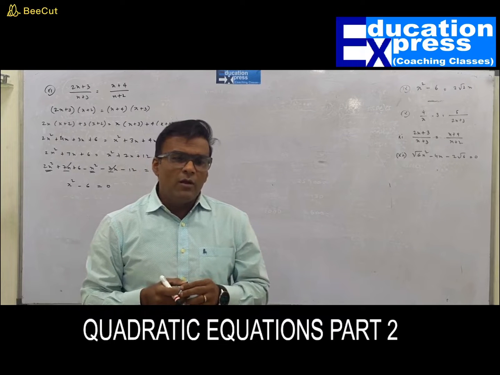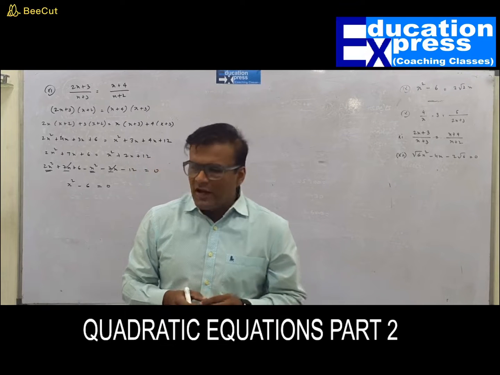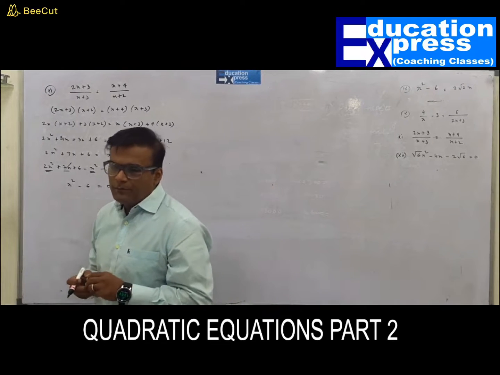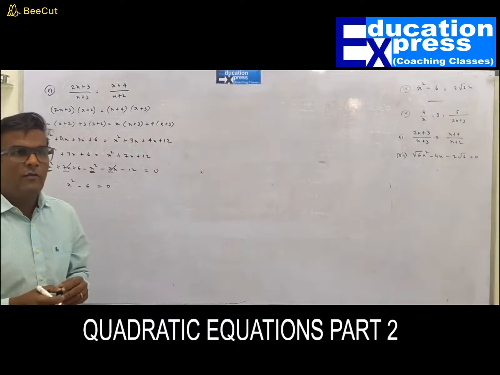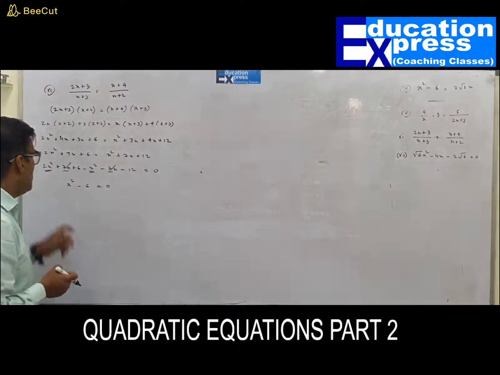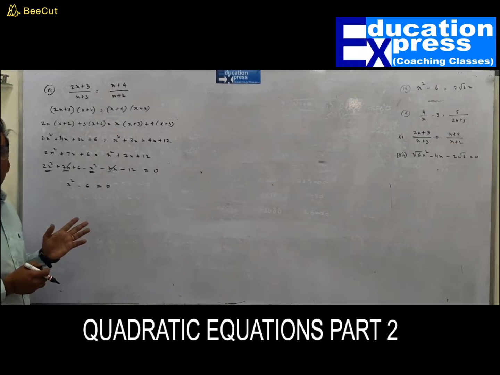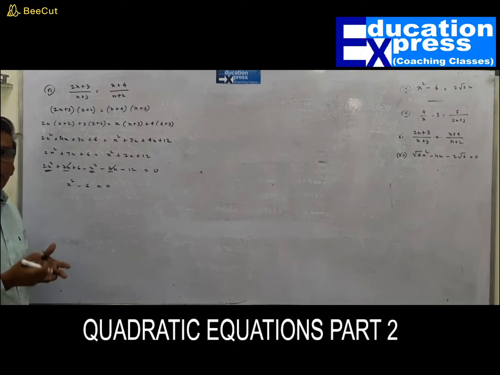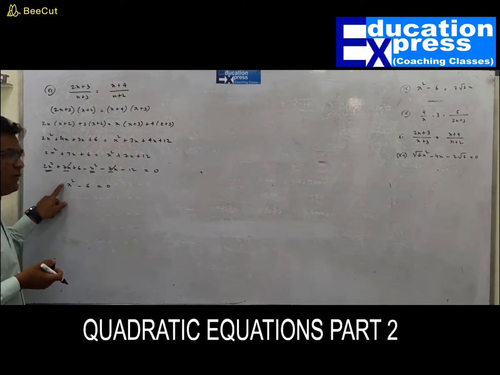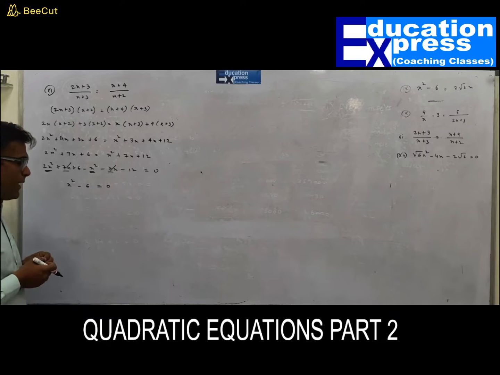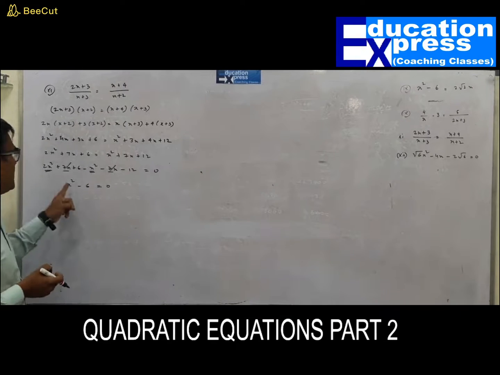The reason being, just apply the properties of the quadratic equation. First property, the equation has to be in the form ax square plus bx plus c equals 0. Perfect. The value of a should not be equal to 0, and it is not equal to 0. And the highest power has to be 2. Highest power is 2.